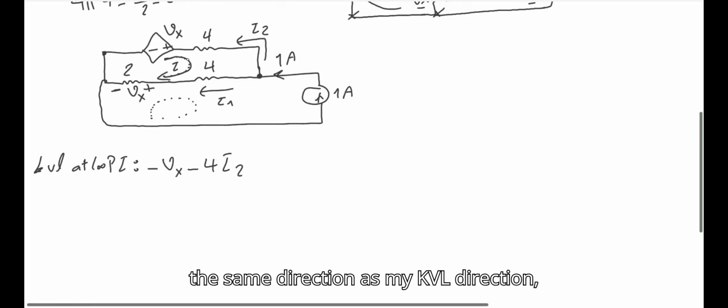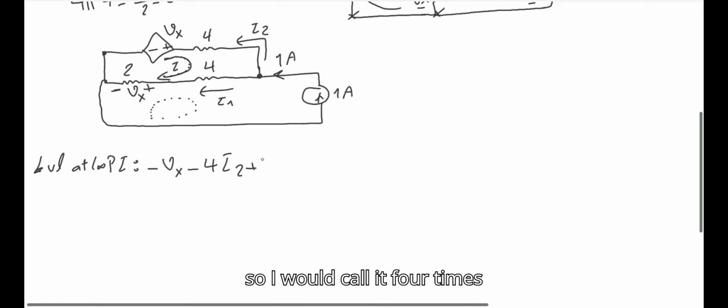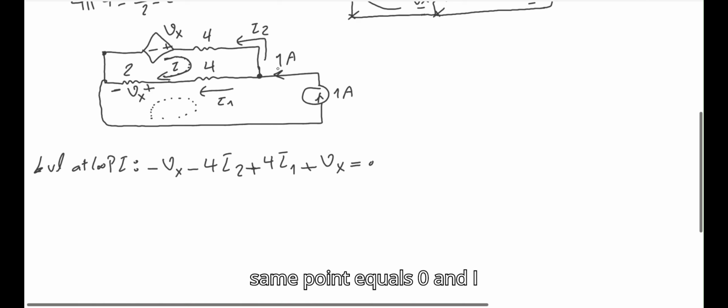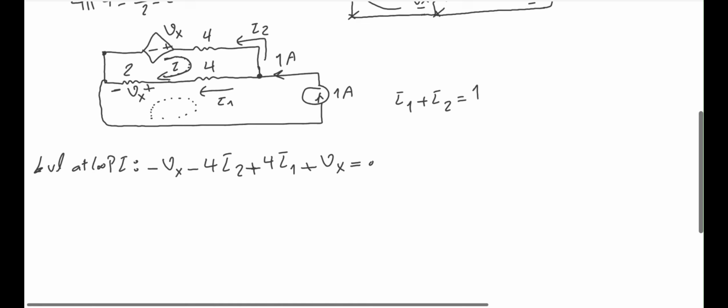This is the same direction as my KVL direction, so I would call it 4 times I1 with a positive sign, and then I have positive Vx, and then I reach the same point, equals 0. And I know that I1 plus I2 is 1.